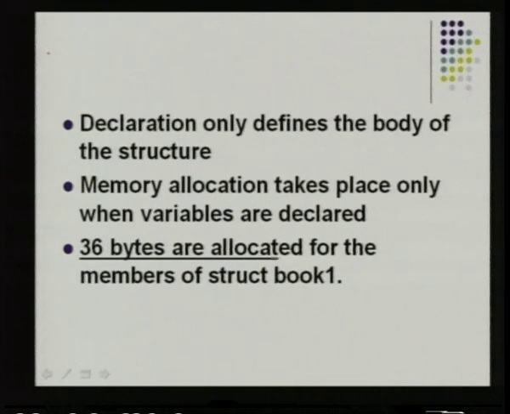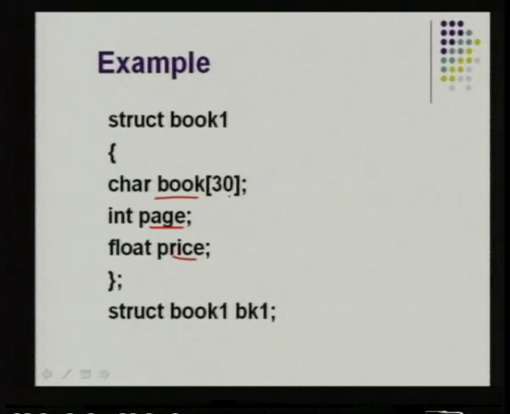So, in the previous example, we can calculate how many bytes would have been allocated for the particular structure. Here you are having 30 characters. Character minimum allocation is 1 byte. So, here we need to have 30 bytes plus integer holds 2 bytes. So, 30 plus 2, 32, and a float minimum storage allocation is 4 bytes.